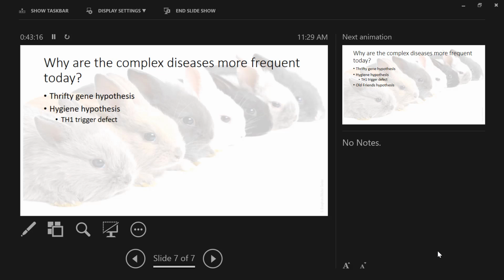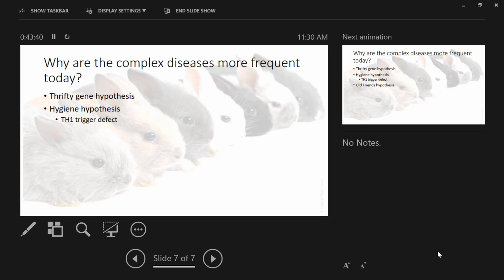The hygiene hypothesis. This has to do with autoimmune diseases and various other issues with your immune system, maybe allergies, autoimmune diseases, immunodeficiencies. This is basically the idea that you need to give your immune system something to fight.